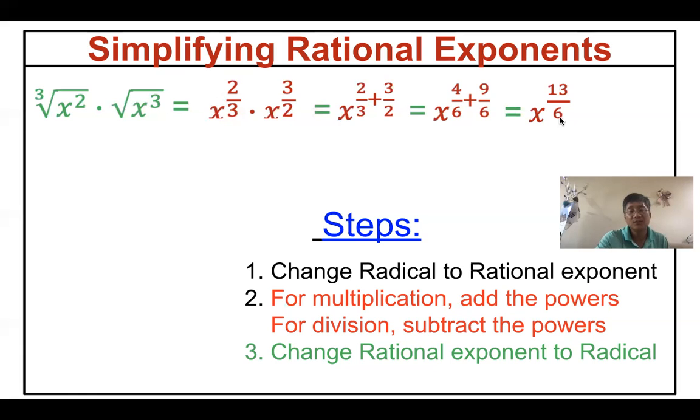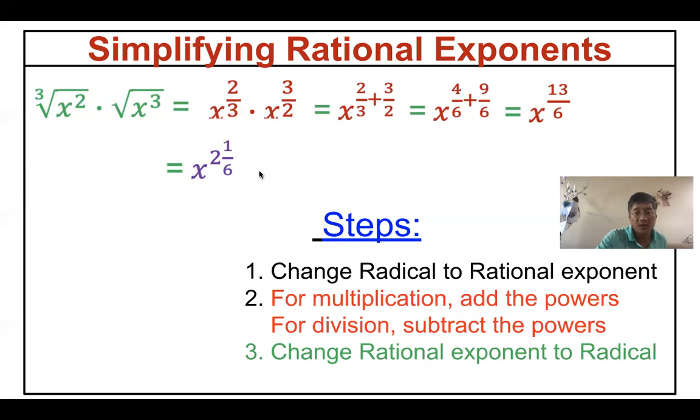Then you change it to a mixed number. So how many 6 are in 13? 2, right? So you change it into the mixed number. 2 times 6 is 12, and the leftover is 1. So you change it like x to the 2 and 1/6. Make sense? This is like 2 plus 1/6.